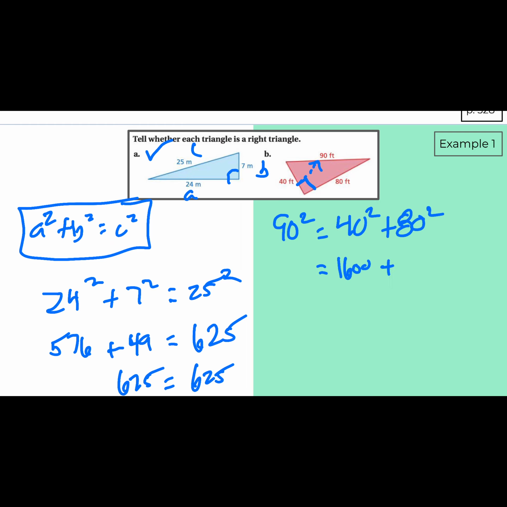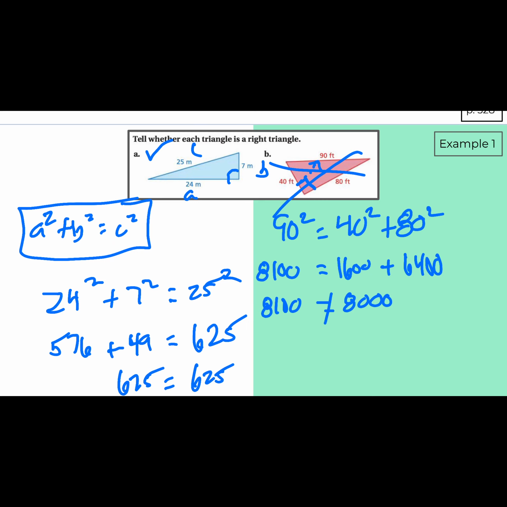Yeah, 90, 80. And then I think we have this right here. This would be 8,000. So these are not equal. So that means this is not a right triangle.